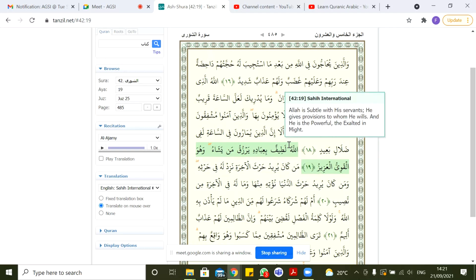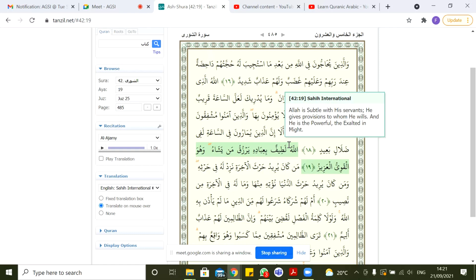Allahu Latifun bi ibadihi. Sister Parveen, would you like to do the irab for this one? This looks easy. Okay. Allahu, the word Allah is in rafa form, so it's mubtada.